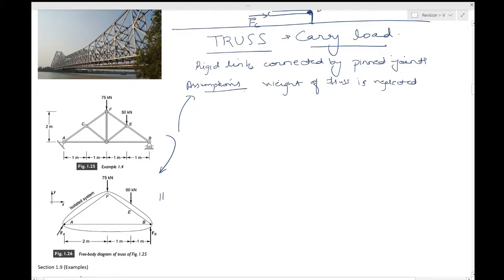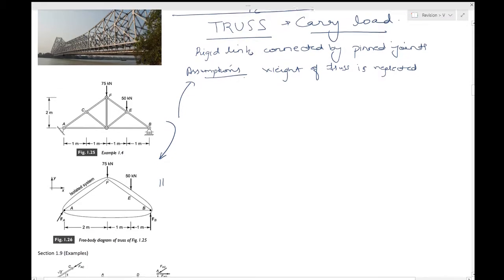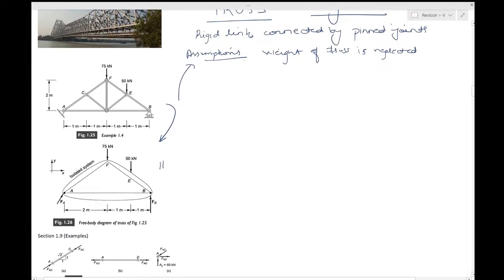But do give us some time in this course, and you will see why approximations like that can be taken. It doesn't look like a very light structure, but the whole point is it will become light or less with respect to something. We'll see that as we move along, but for now, let's just go with this. So the weight of the truss is neglected.